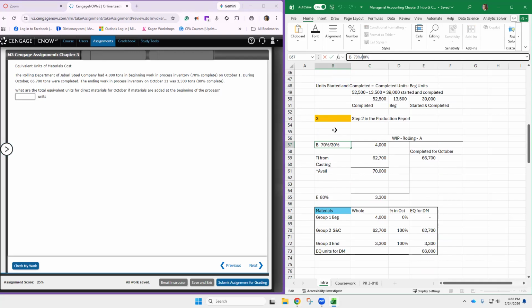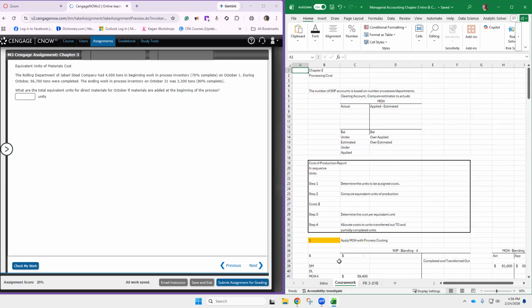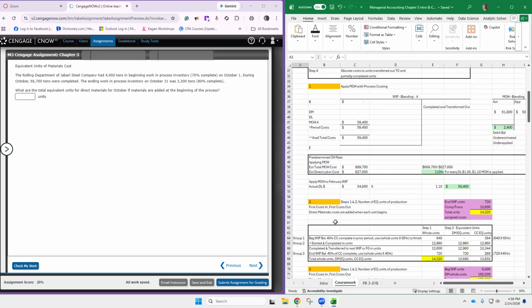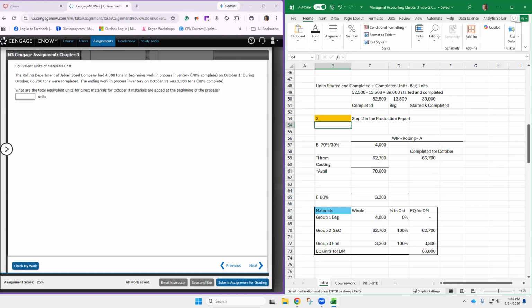By the way, this is first in, first out. Direct materials costs are added when each unit begins. So all of these units have all of their direct materials. What they're missing is conversion costs, of 30%.